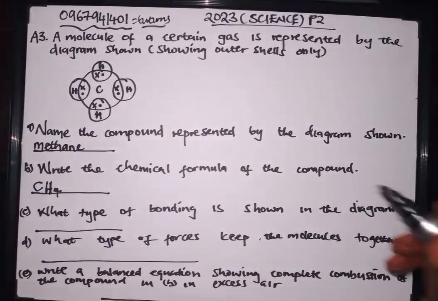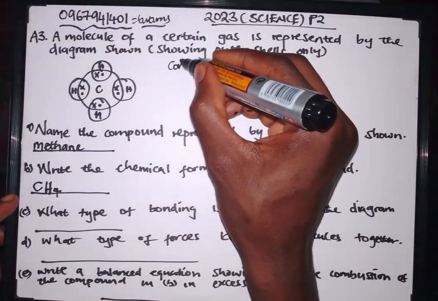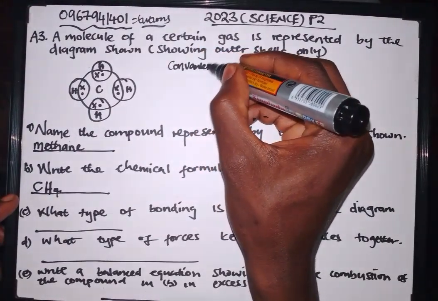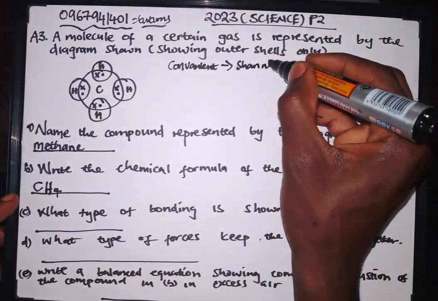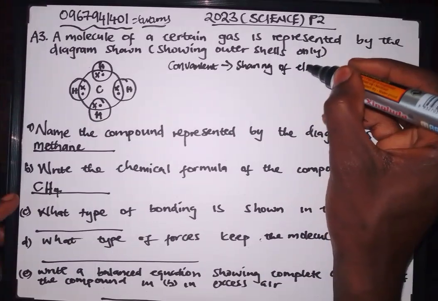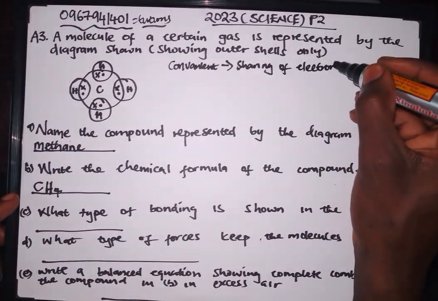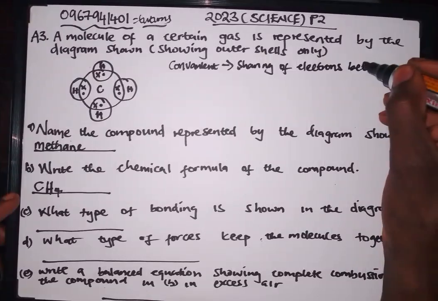So what is covalent bonding? Covalent bonding is just the sharing of electrons between non-metals.